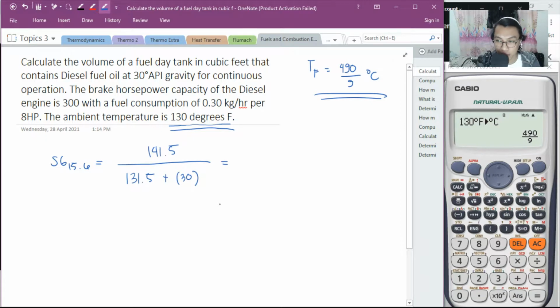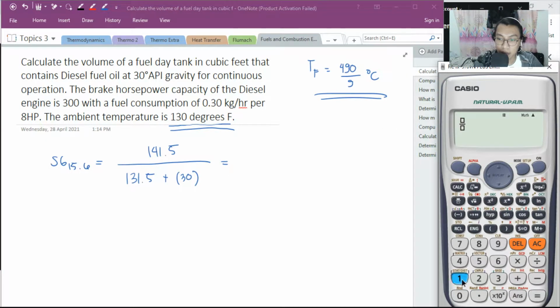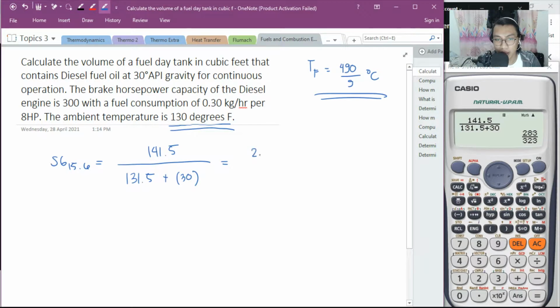Kunin na natin yung SG. So the SG of that fuel is 141.5 divided by 131.5 plus 30. The answer is 283 divided by 323. Okay na yan. Check. Okay.